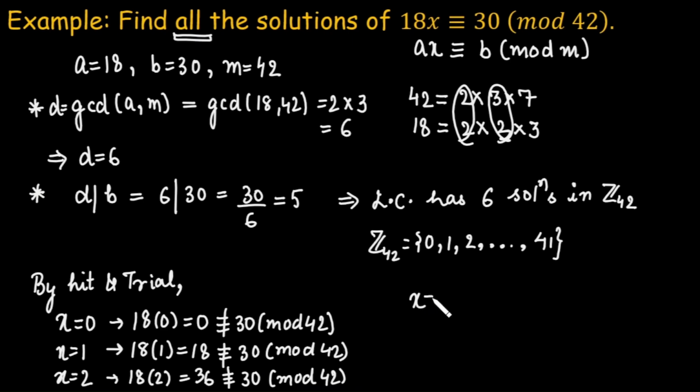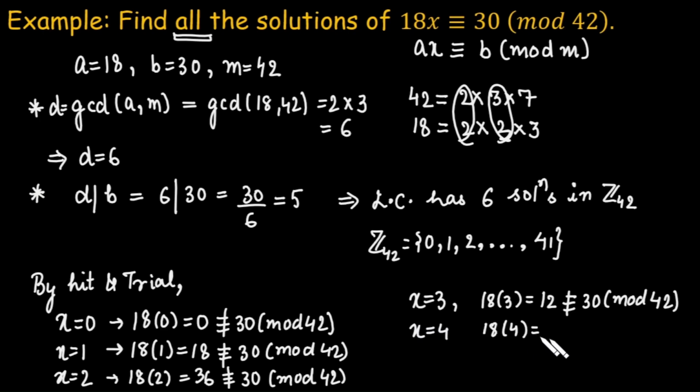Now x is equal to 3. 18 into 3 is equal to 54. 54 is greater than 42, so we can divide 54 by 42 and in this case the remainder is 12. That is not congruent to 30 mod 42. It means x is equal to 3 is not the solution. Take x is equal to 4. 18 into 4 is equal to 72.